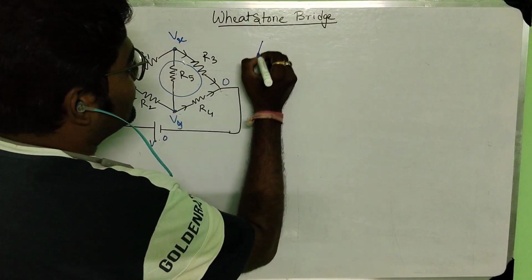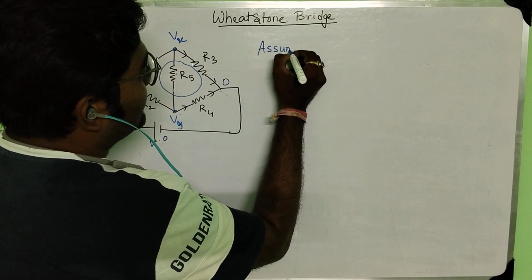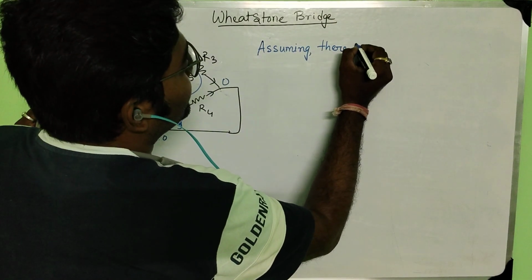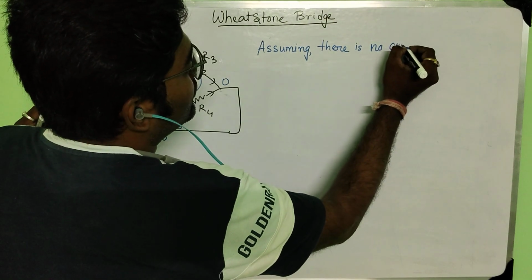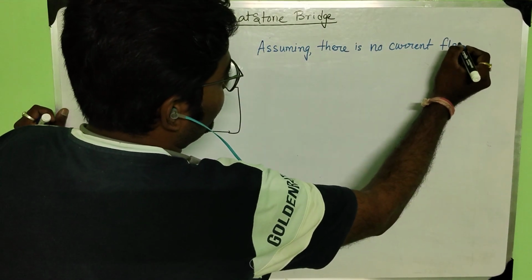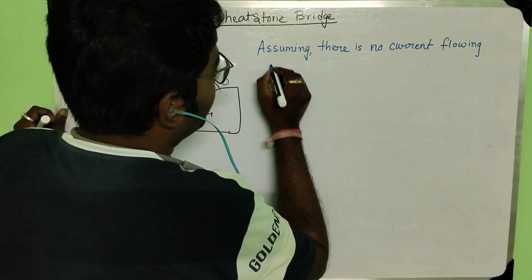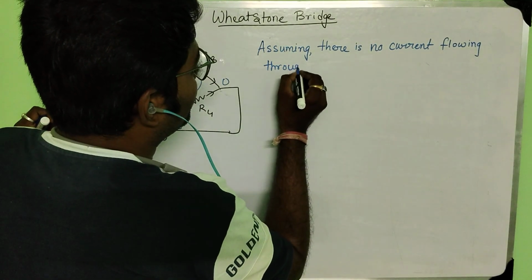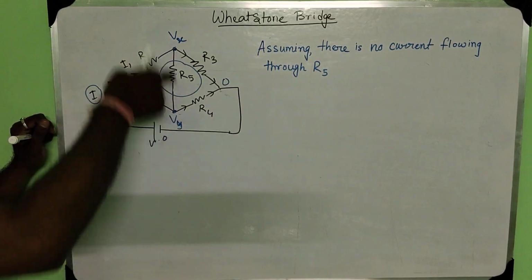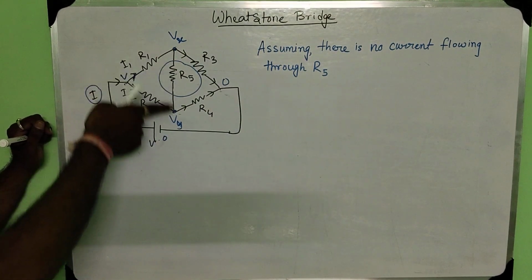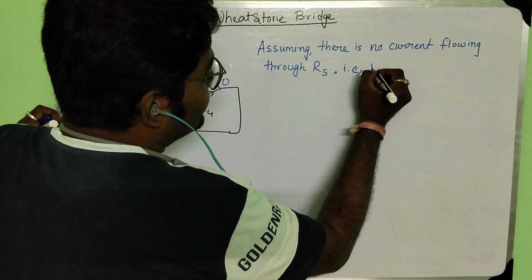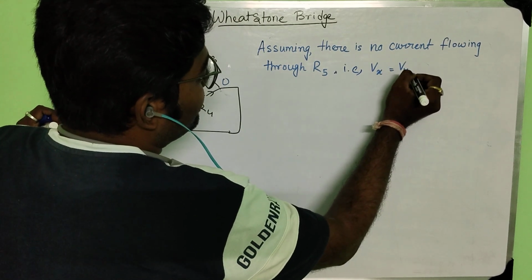Now, assuming there is no current flowing through R5, through this branch, that means Vx is equal to Vy.